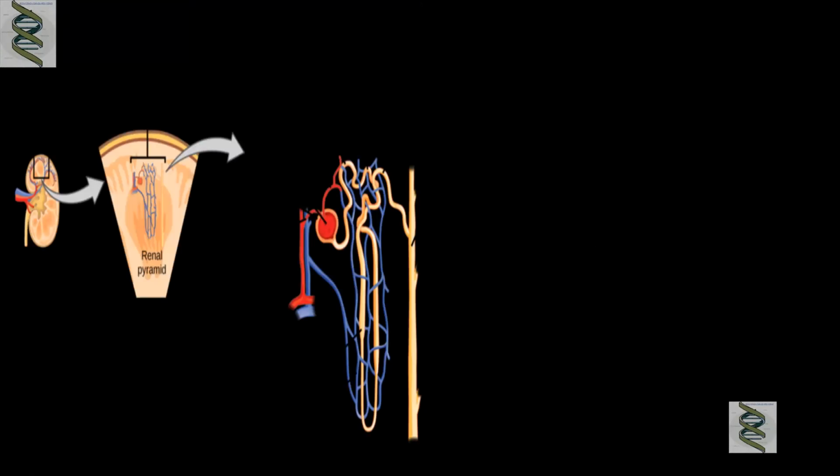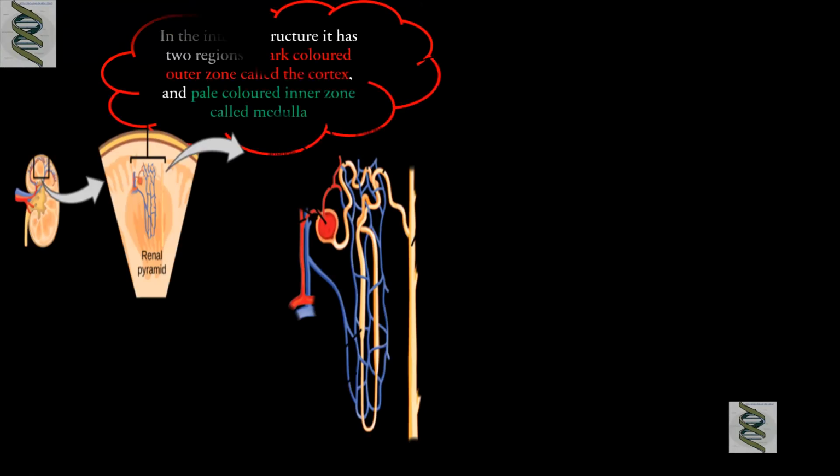If you observe a kidney structure, easily two portions appear in a kidney. In the internal structure, it has two regions. The first one is the outer dark colored zone called the cortex, and the inner medullary region.